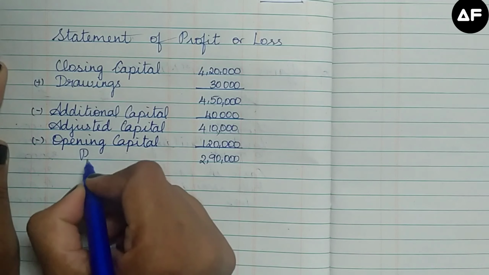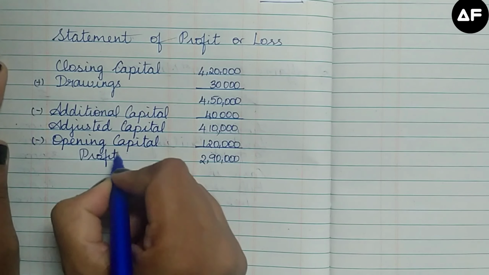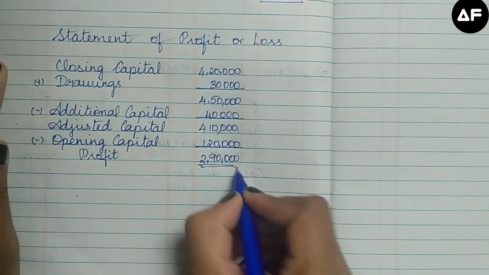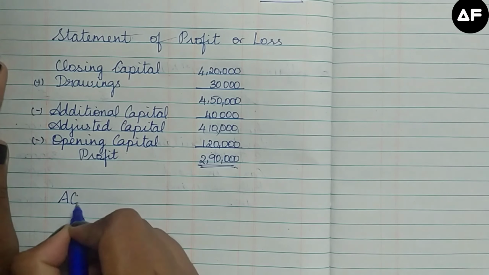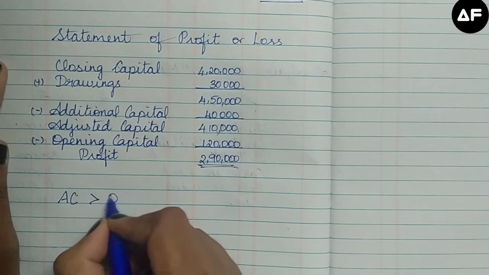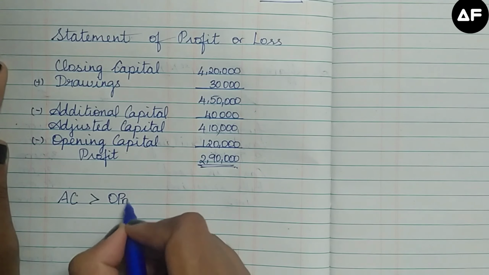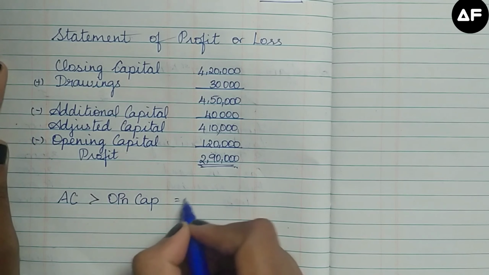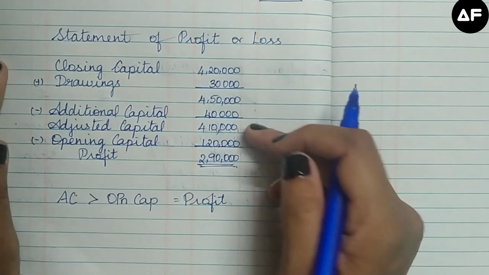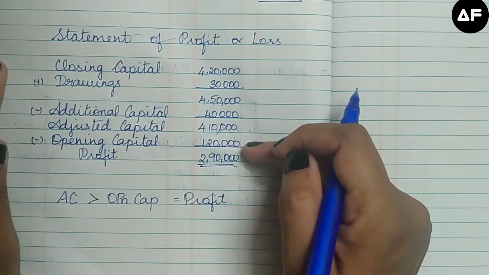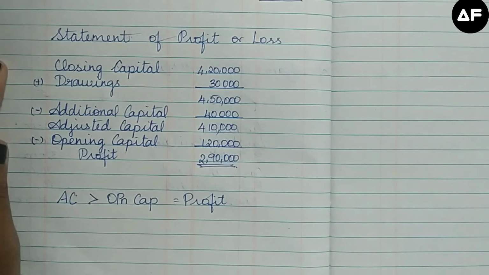So that is gonna be my profit for Ms. Shubha. Why did I determine it as a profit? Because my adjusted capital is greater than my opening capital. Therefore it is a profit. I can directly do 4,10,000 minus 1,20,000 without any difficulty. So it becomes a profit.